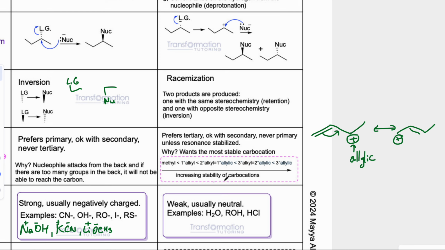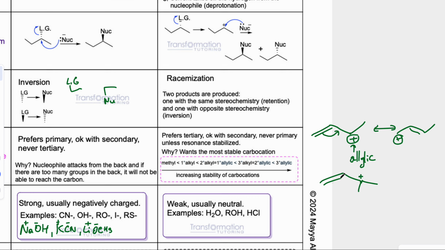So here you see my little chart of increasing stability of carbocations, and the better the carbocation is, the more likely SN1 reaction is to occur. Because remember, the rate determining step is making that carbocation. So tertiary allylic means that I have a double bond and then the carbon next to double bond is attached to 3 other carbons like this, and it has a positive charge.